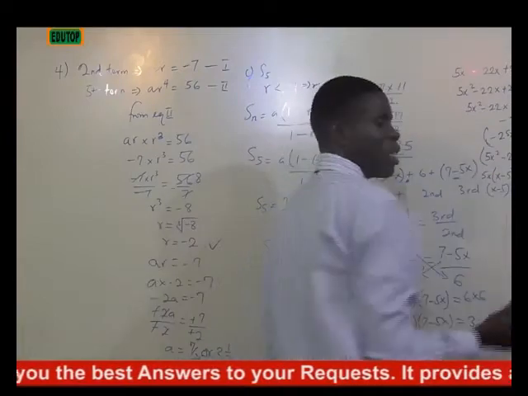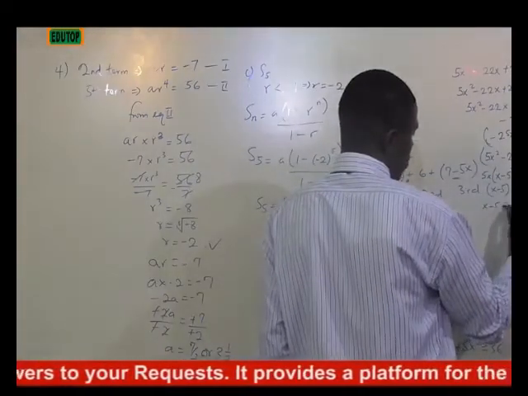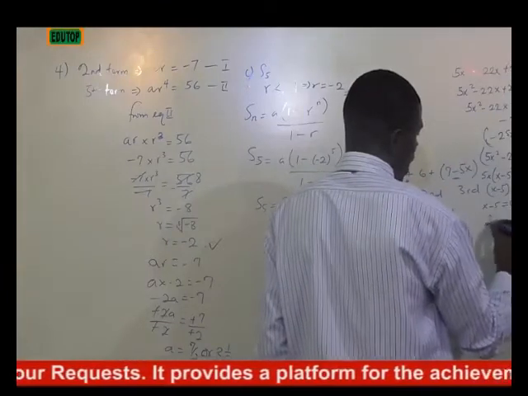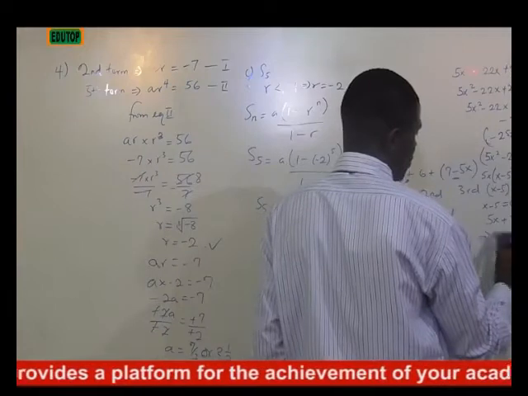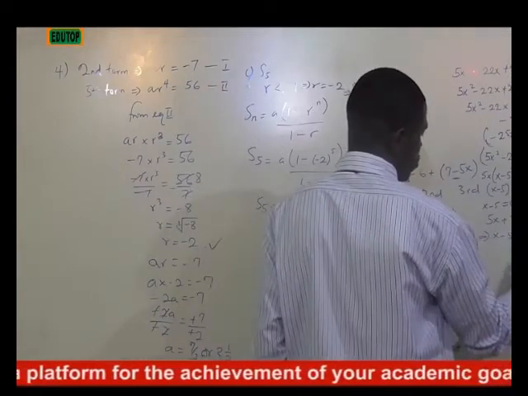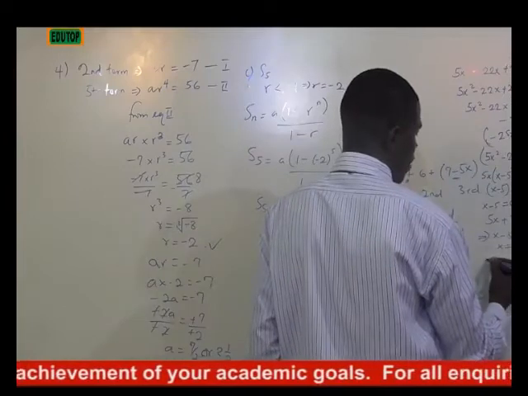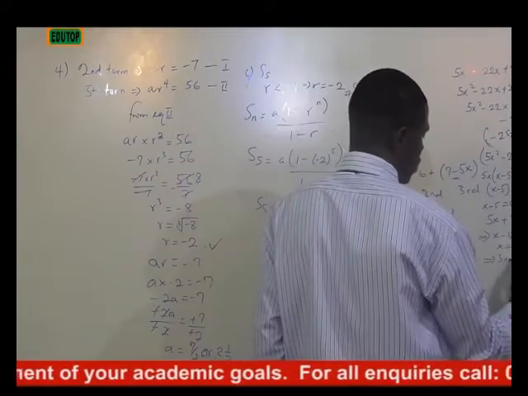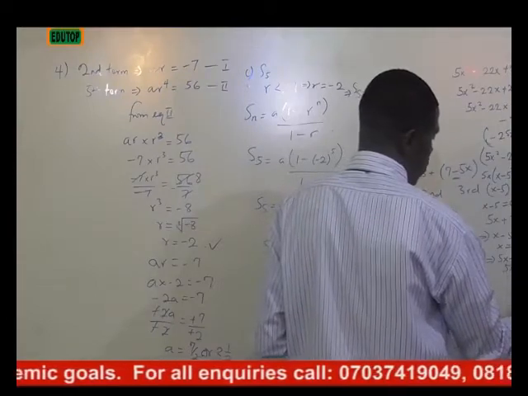Then when we have this kind of equation, we can say x minus 5 equal to 0, or 5x plus 3 equal to 0. Which implies that x minus 5 equals 0, then x will be 5. Then here, 5x plus 3 equal to 0, then 5x equals minus 3.